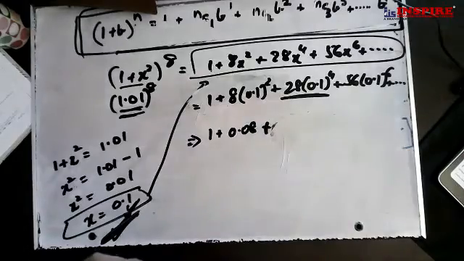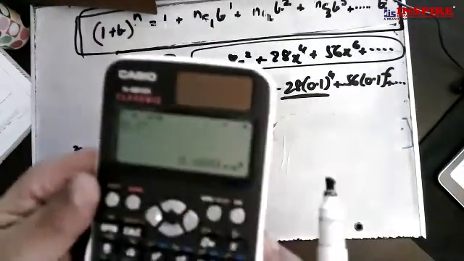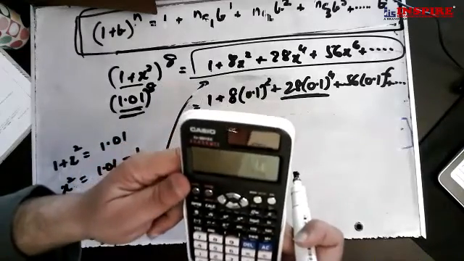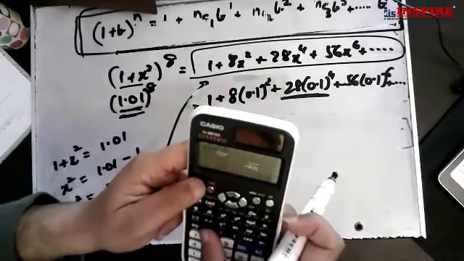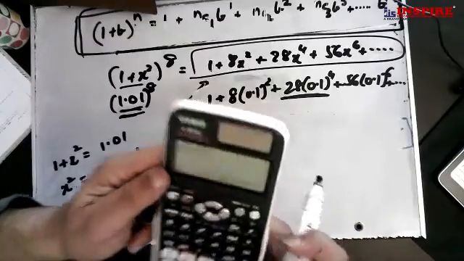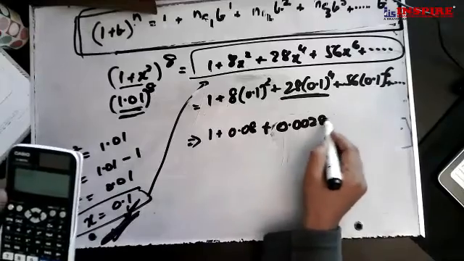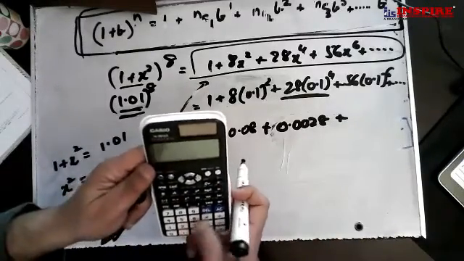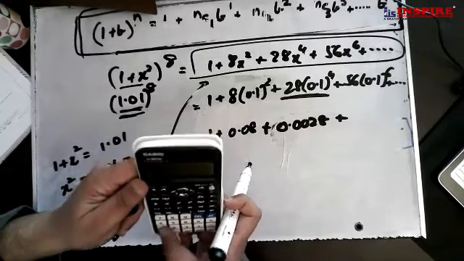Multiply by 28, do SD, and then shift engineering again, and the answer is 0.0028. Plus, then you have 0.1 into 0.1, six times.